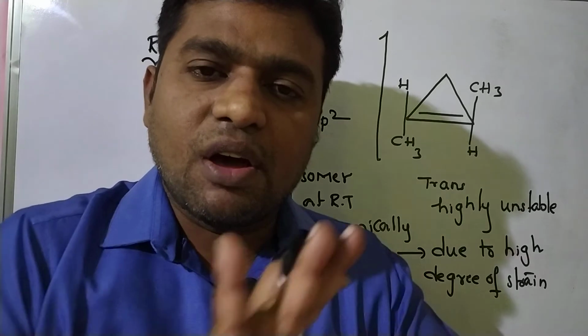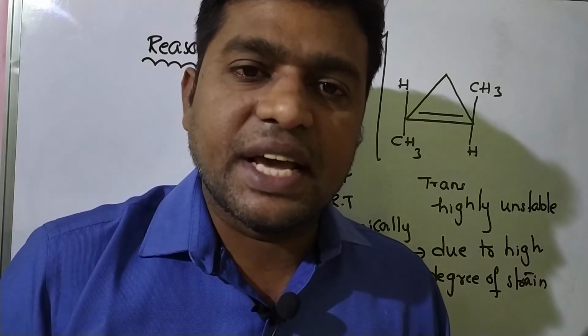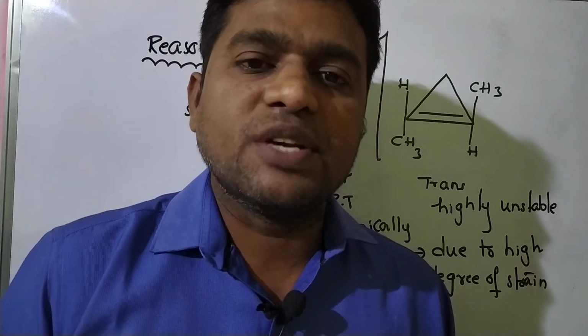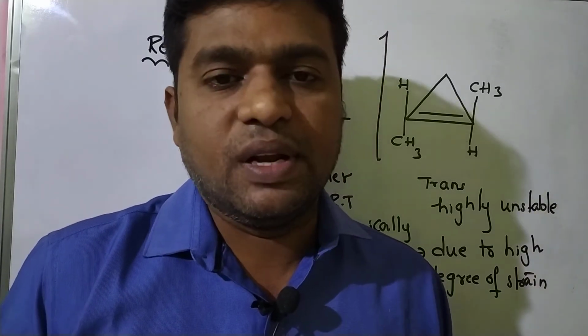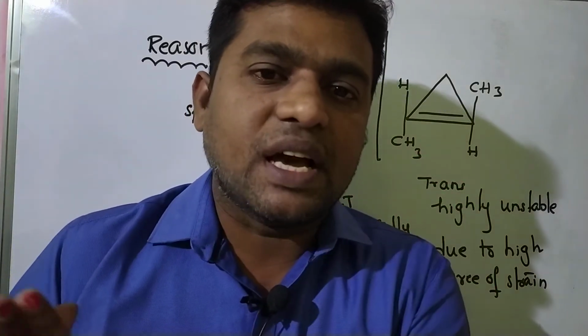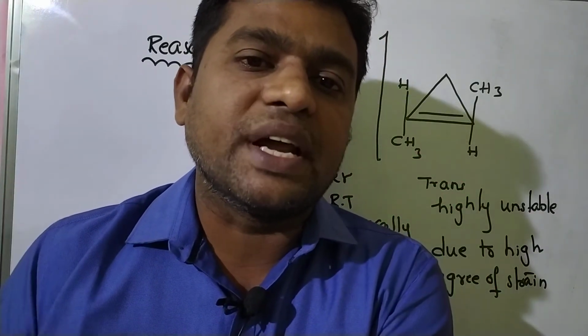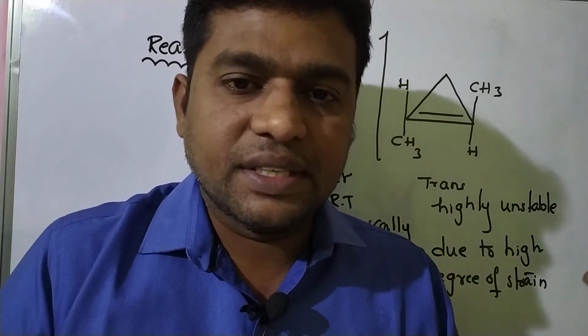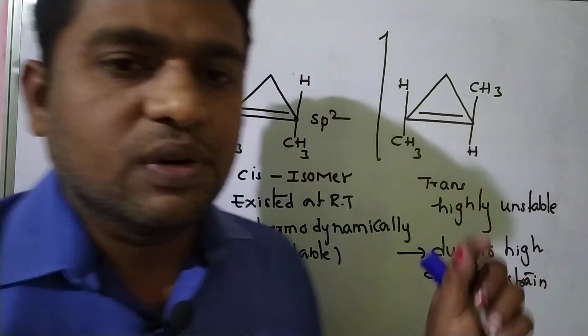But the trans isomer doesn't exist at room temperature because it is thermodynamically unstable. So the cycloalkenes up to 7 carbon atoms don't show geometrical isomerism. The simple reason is strain, ring strain. Please note.